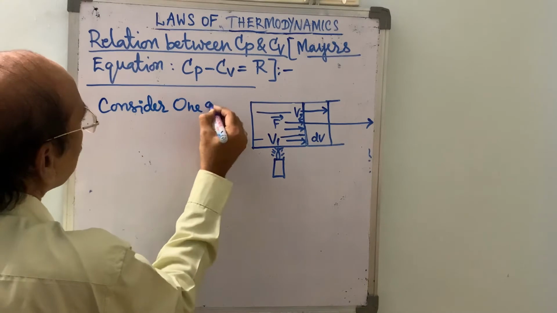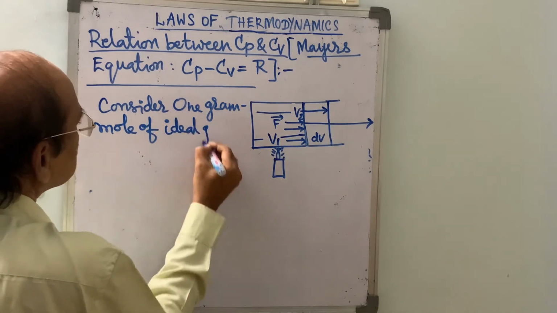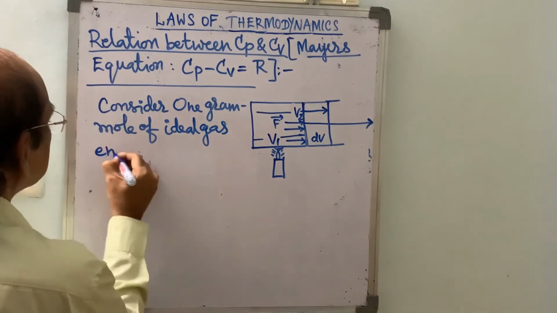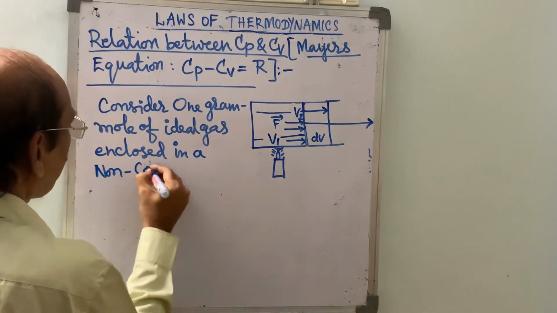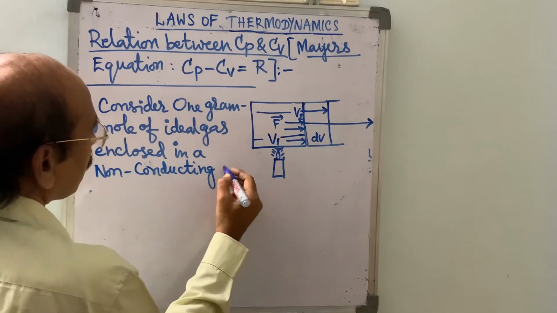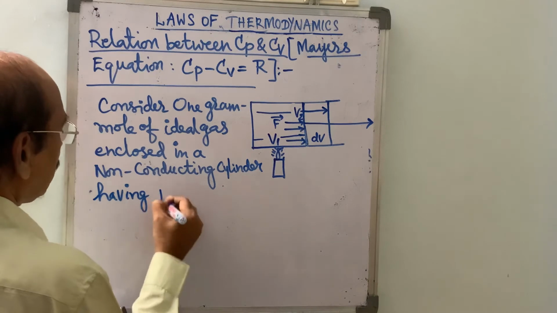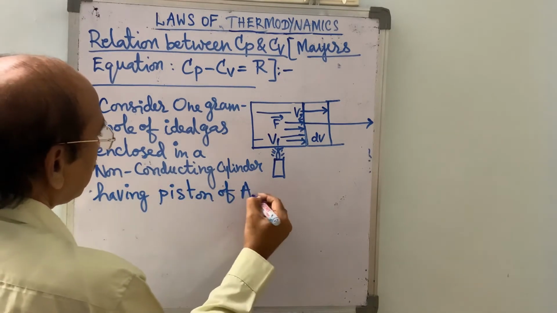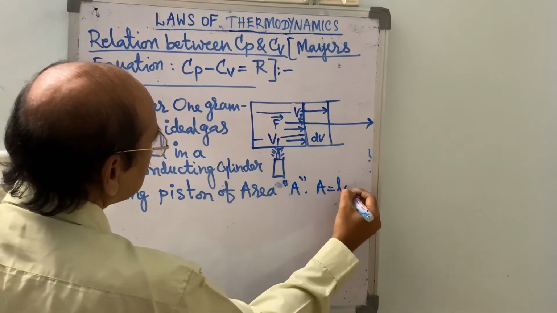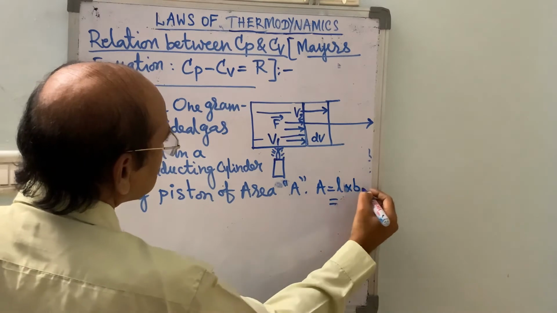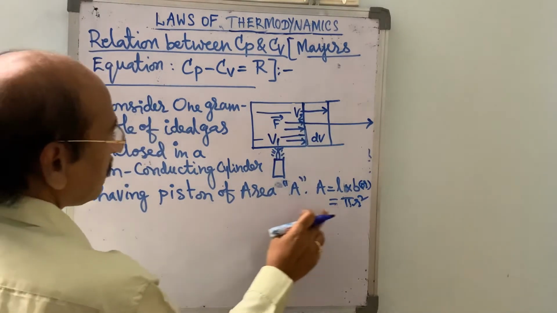Consider 1 gram mole of an ideal gas enclosed in a non-conducting cylinder having a piston of area A. Here A equals L into B, or pi r square if it is circular; the area of the piston is pi r square.